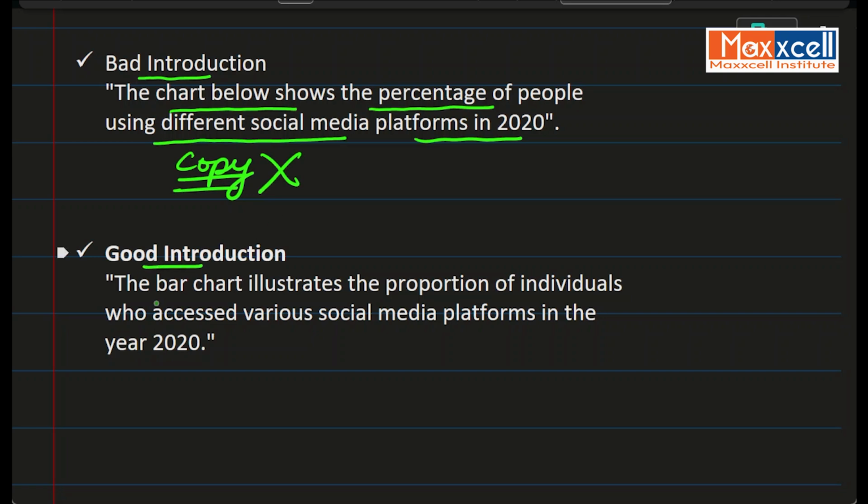What is a good introduction? The bar chart illustrates the proportion of individuals who accessed various social media platforms in the year 2020.